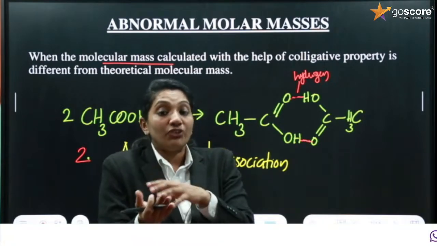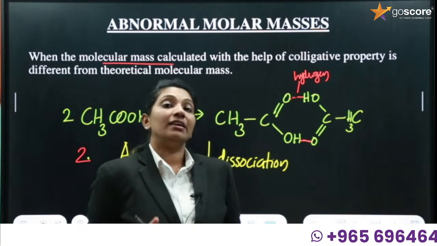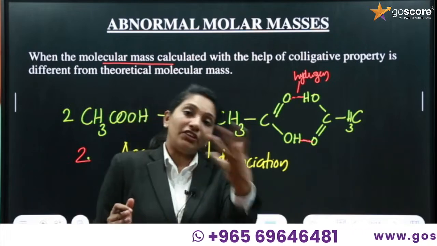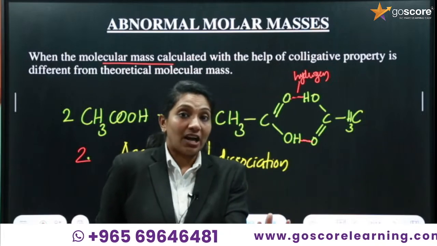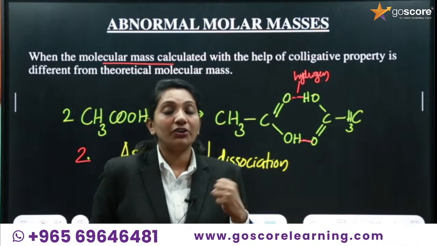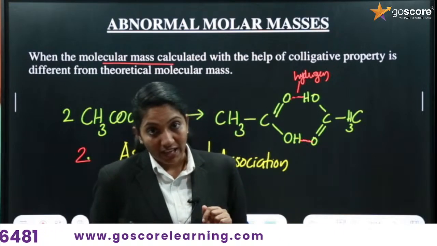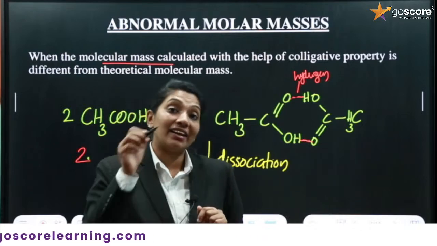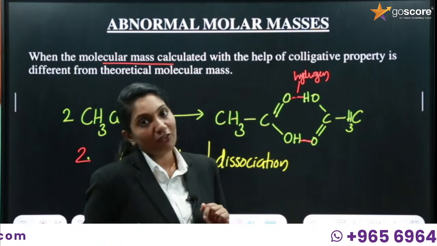So, if you are finding out this molecular mass by the theoretical calculation and you got a value, and after the practical session, the value you got after the experiment, your observed value, is different from the theoretical value, then it is called abnormal molar mass and it arises mainly due to association or dissociation of the particle.